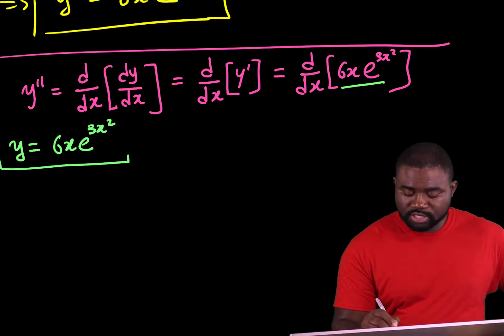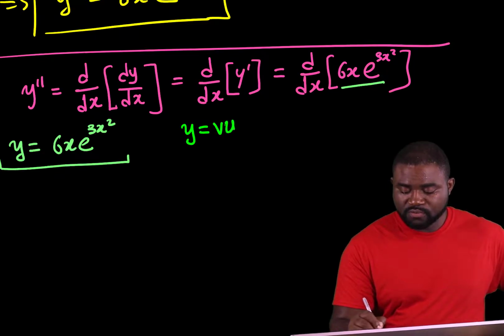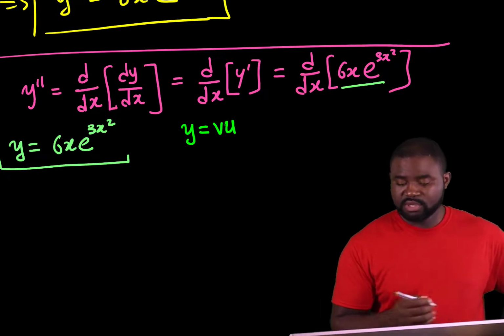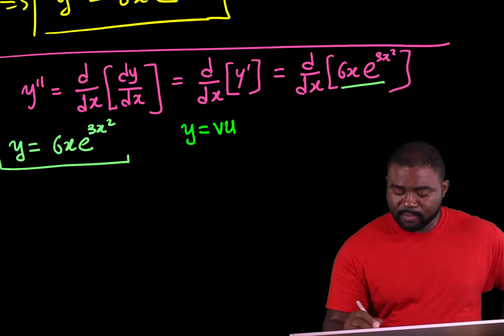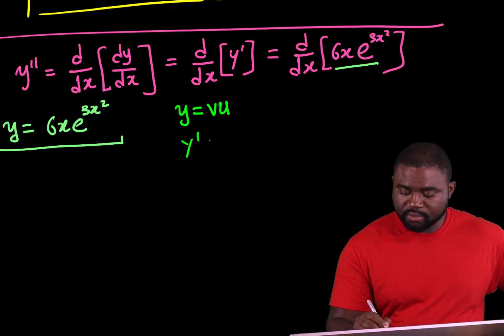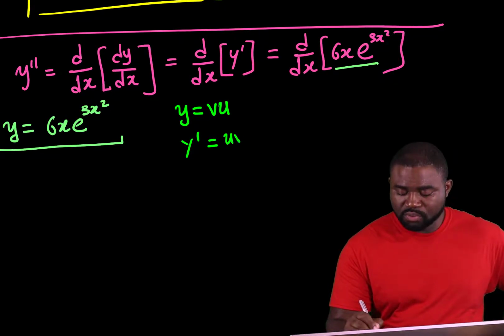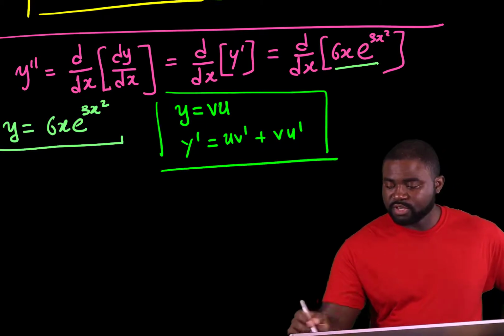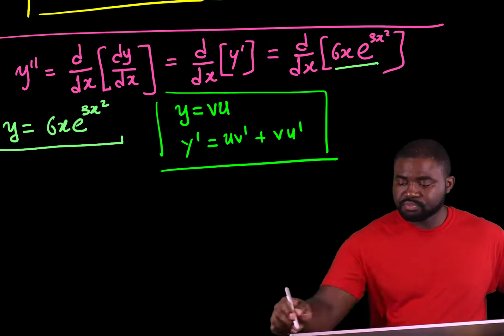The product rule says that if y is equal to uv, where u and v are functions of x, then y prime will be equal to u v prime plus v u prime. This right here represents the product rule.